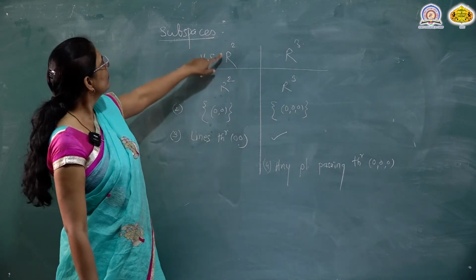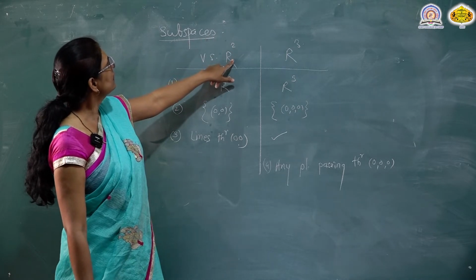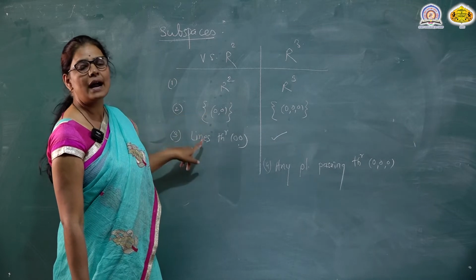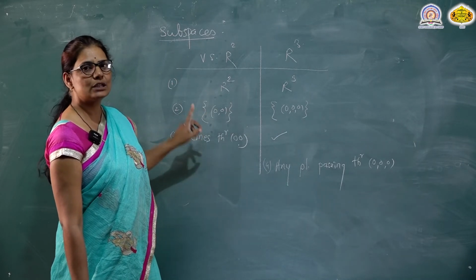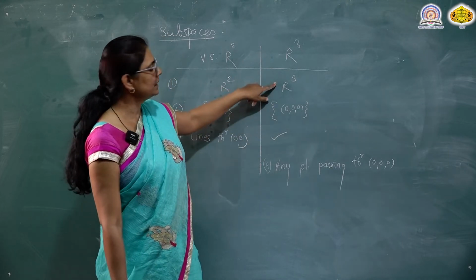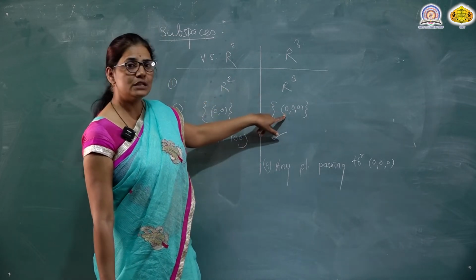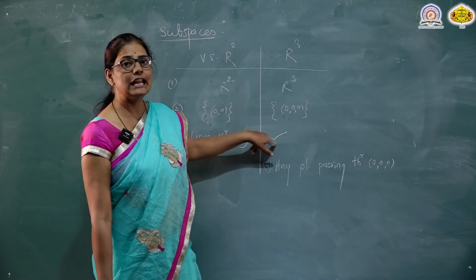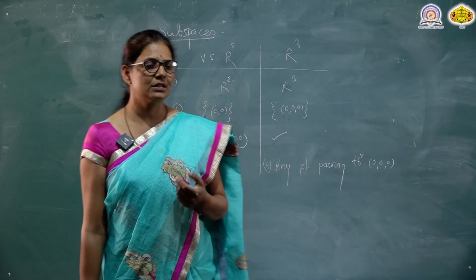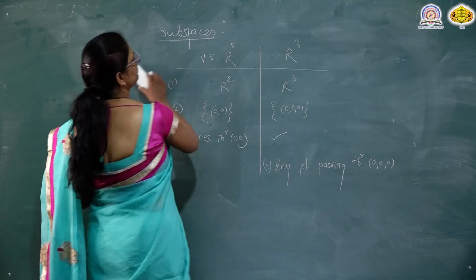So remember, the subspaces of R2 are R2 itself, the 0 space, and any line passing through origin. For R3, the subspaces are R3 itself, the 0 space, any line passing through origin, and any plane passing through origin.